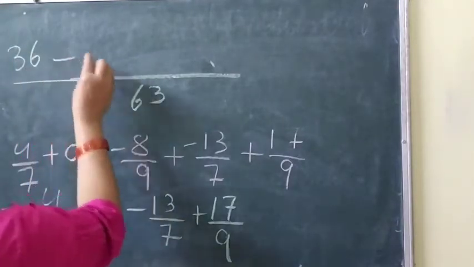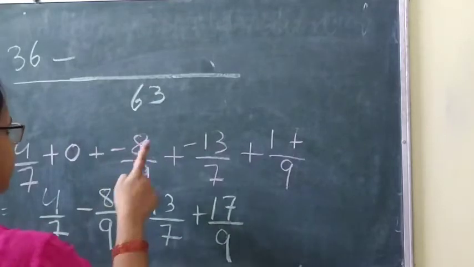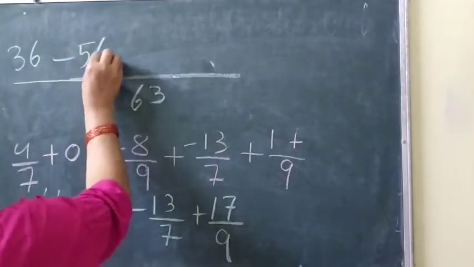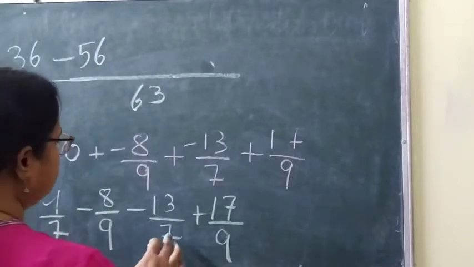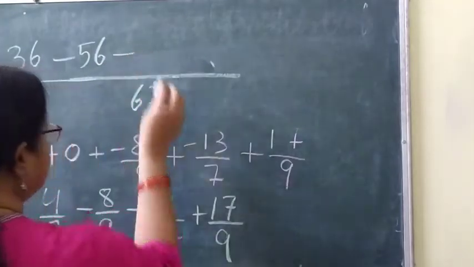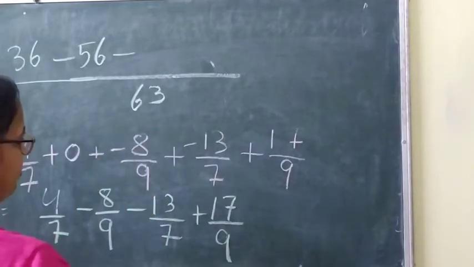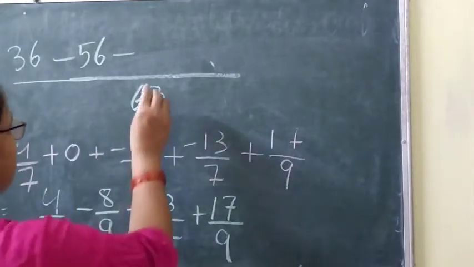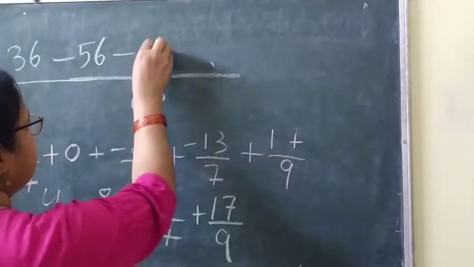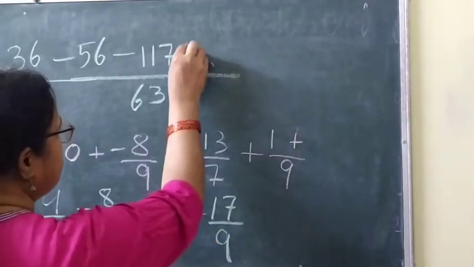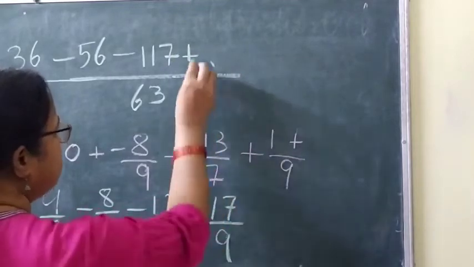36, minus 9 into 9, 7 9s are 63, and 8 into 7, 56. Then minus 7 9s are 63, and 13 9s are 117. Then 9 7s are 63 and 17 7s are 119.